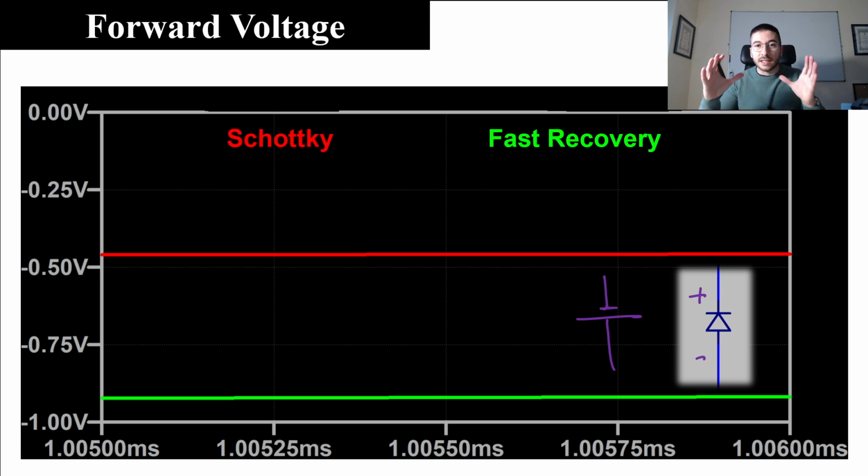So we have an interval in which the diode is on in our buck converter, and in red you have the results for the Schottky diode, and in green you see the results for the fast recovery diode. As you can see, the forward voltage drop is smaller in the case of the Schottky diode, and in the case of the fast recovery it is close to the value offered in the datasheet. So this conclusion is similar to the information we have in the datasheet.